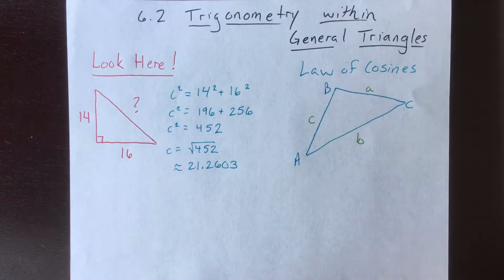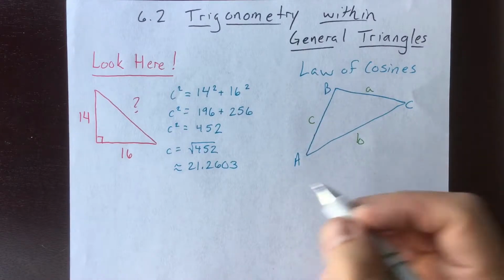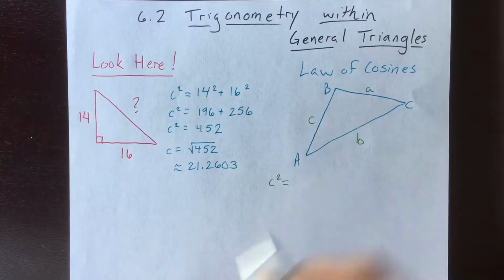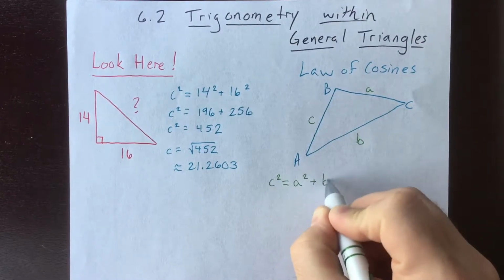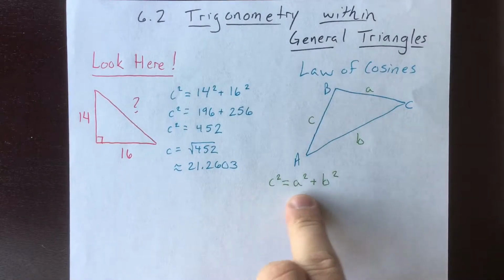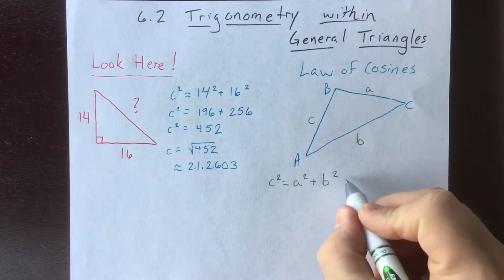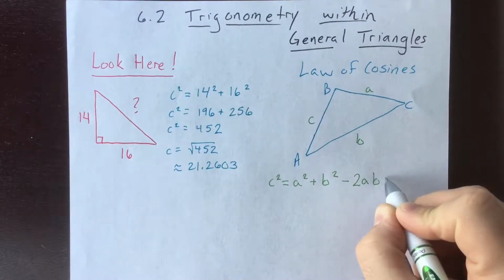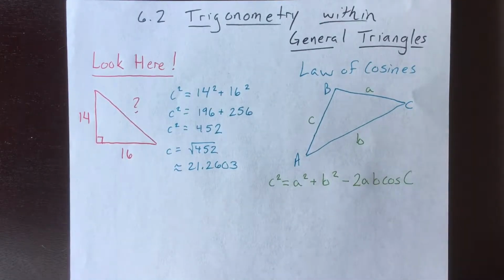And what the law of cosines says is that if I desire to know the length of C, it states C squared equals A squared plus B squared. That probably looks very familiar. And then we extend that to minus 2 times A times B multiplied by the cosine of angle C.